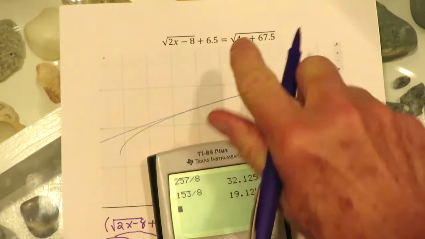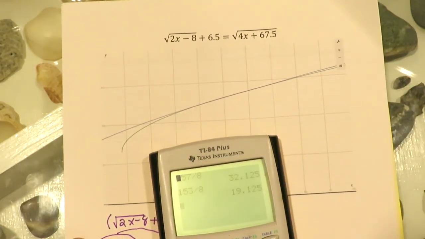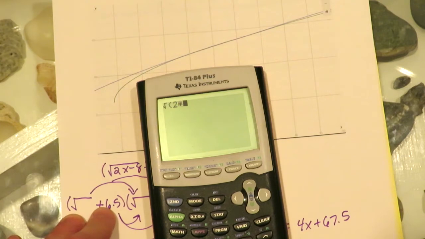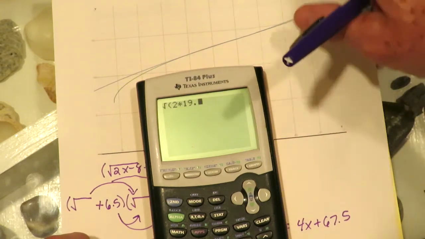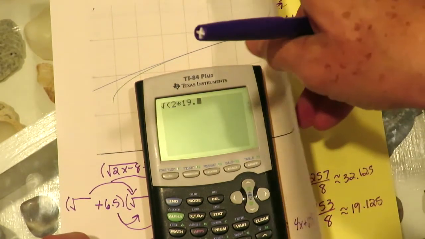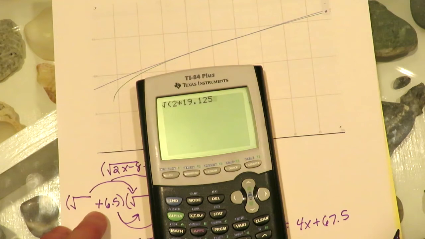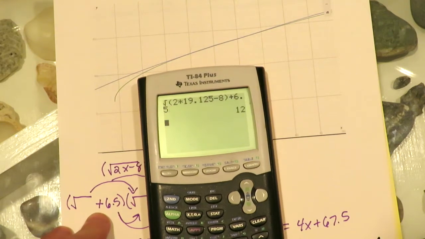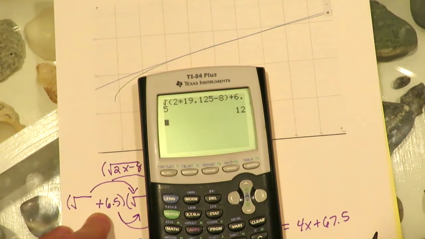And we want to go back to the original equation. And it was the square root of 2 times x, so 19.125 was one of the solutions. And then subtract 8, and then add 6.5, and I should get 12.